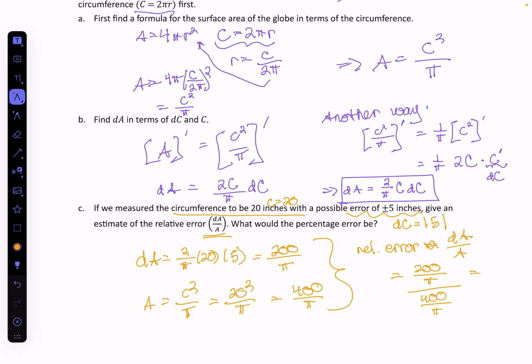So the pi's will cancel if we multiply by the reciprocal, and we will be left with 200 over 400, or 1/2.